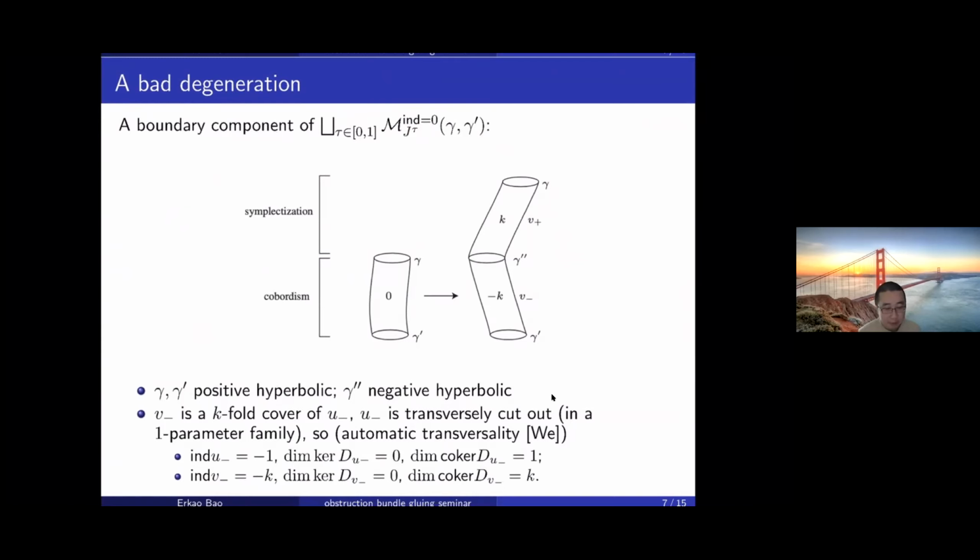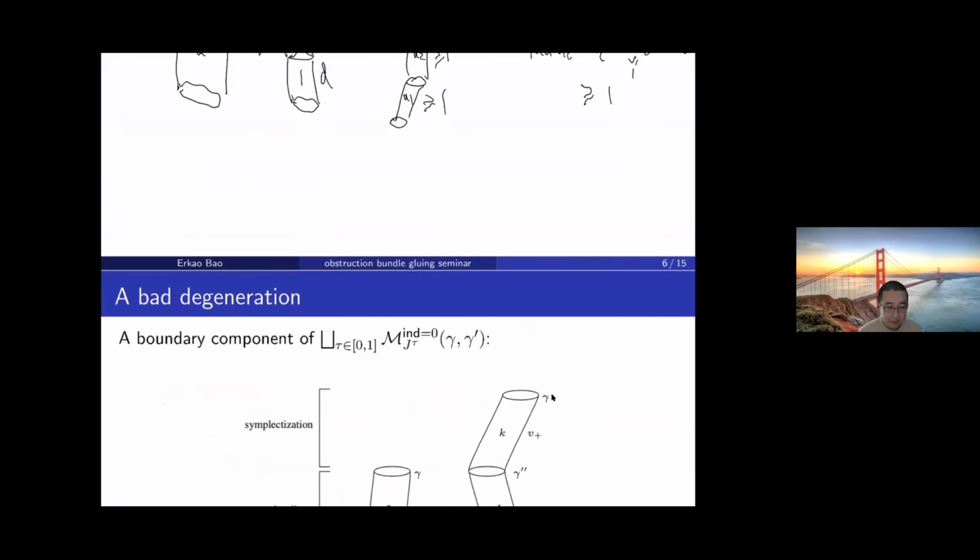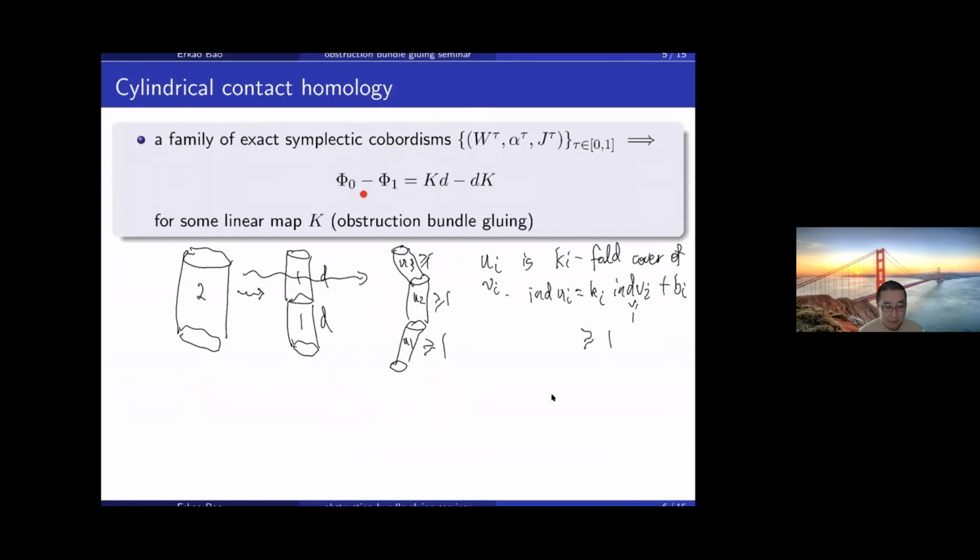We want to study the boundary components of this one-dimensional moduli space. Of course, when tau equals 0, we get phi_0, and when tau equals 1, we get phi_1. Now we want to see the other boundary components that will contribute to the right-hand side of this equation.